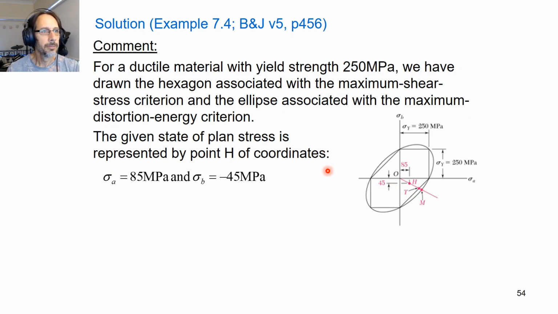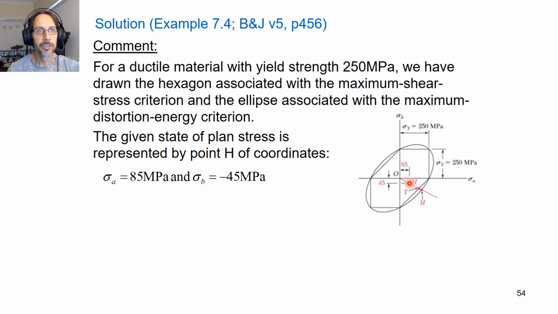Okay, so just in summary, here's where we are on this graphical representation of the failure criteria. We had a maximum principal stress of 85 and a minimum principal stress of minus 45, so we're down here.